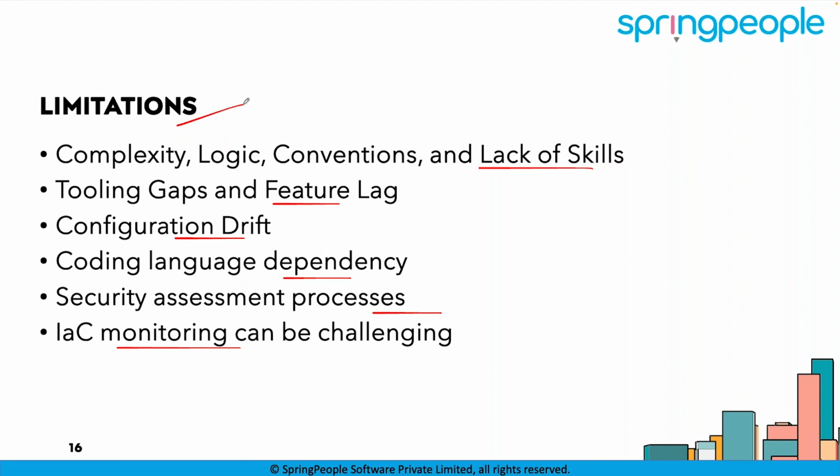So you need to be very careful when you are picking these things, keeping your 1 year, 3 year, and 5 year strategy in mind, so that you don't have to go through the pain of changing the infrastructure as code in later days, which would impact a lot of people, including the business.